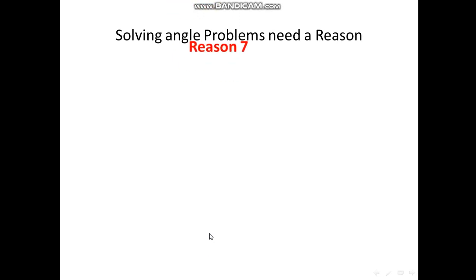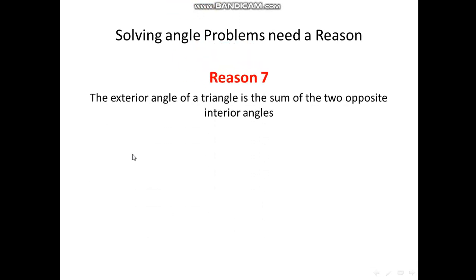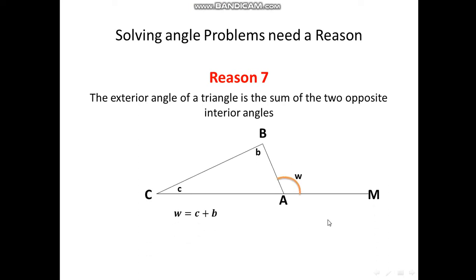So, solving problems, reason 7: the exterior angle of a triangle is the sum of the two opposite interior angles. We took this before. We know that the angle W equals C plus B. The angle W equals the angle B plus the angle C. You can write it as a geometrical expression like this, but you can also write it like that.